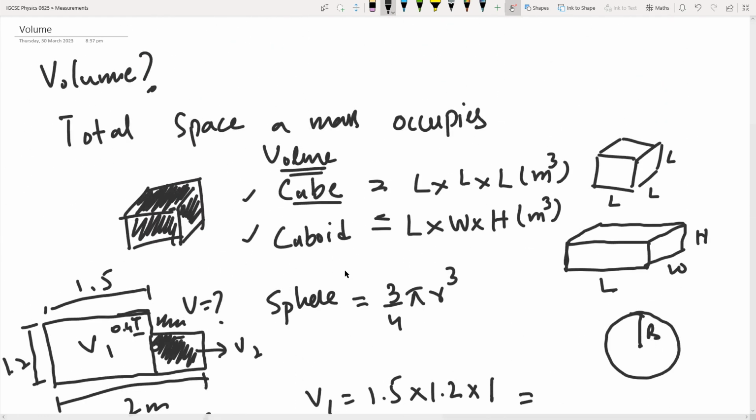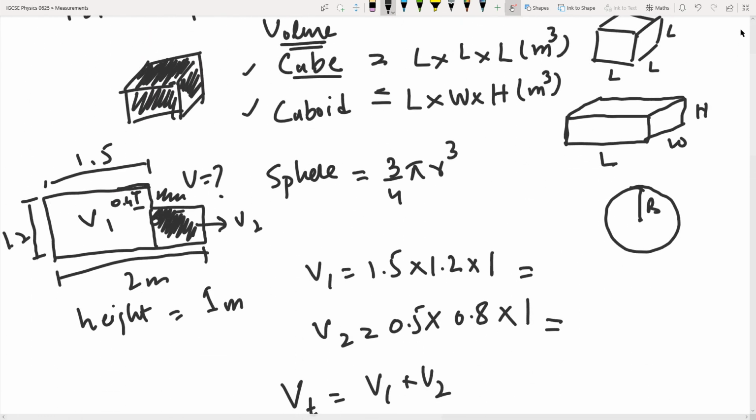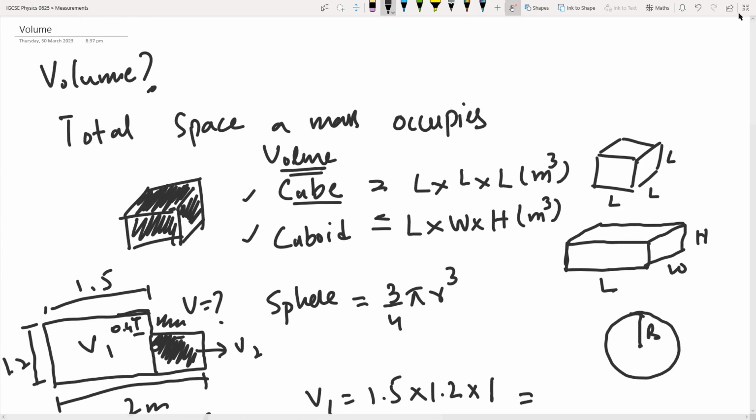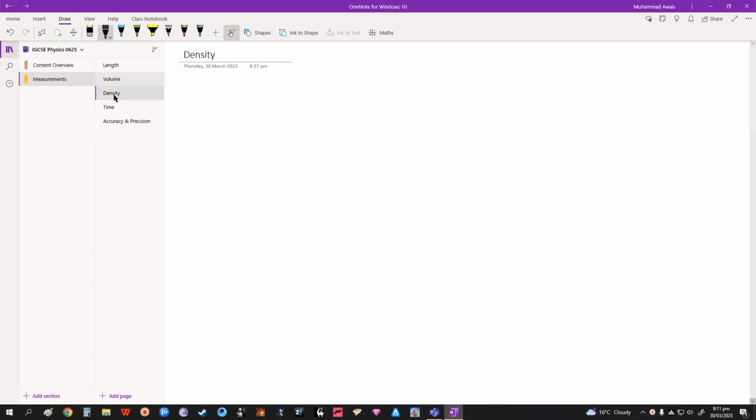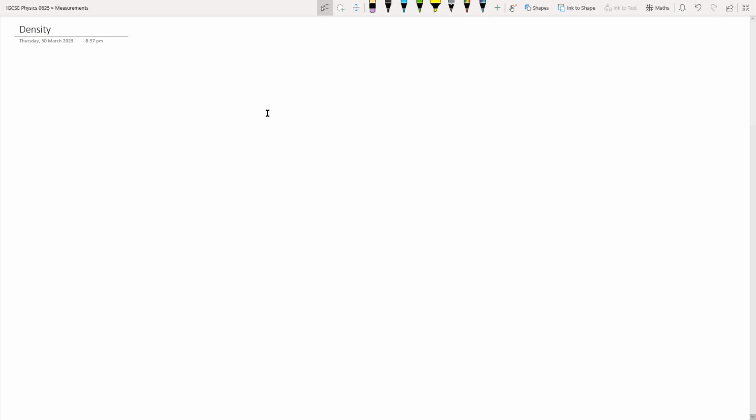Now we're going to go into our next topic, which is the density of an object. So what is density? Density we can denote by the fact of how dense or how heavy an object could get.